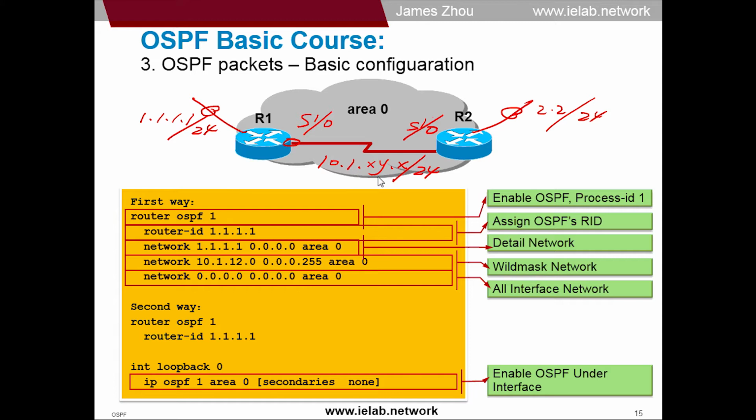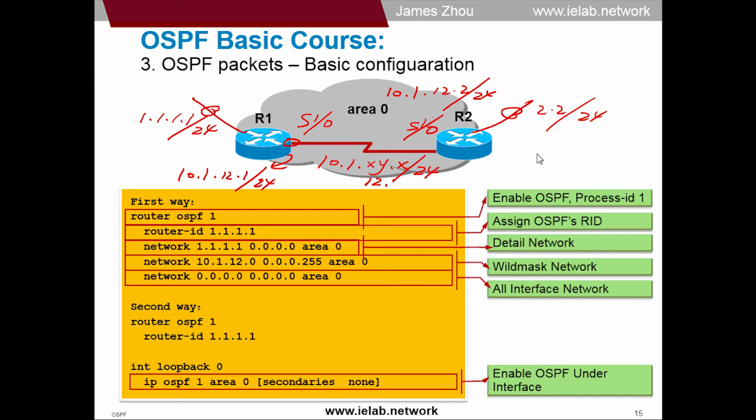XY means the routers, where X is smaller than Y. So for R1 and R2, it is 12, and R1 is 10.1.12.1/24, and R2 is 10.1.12.2/24.